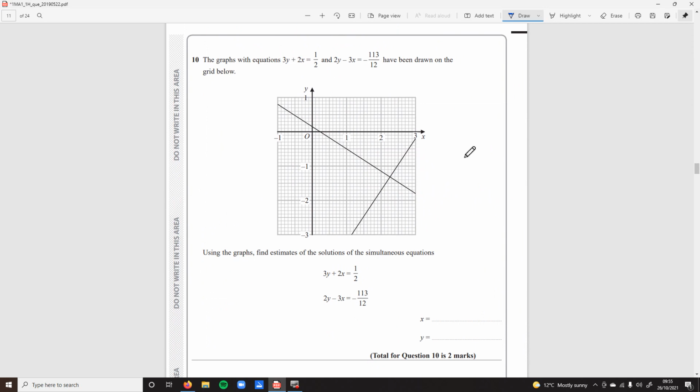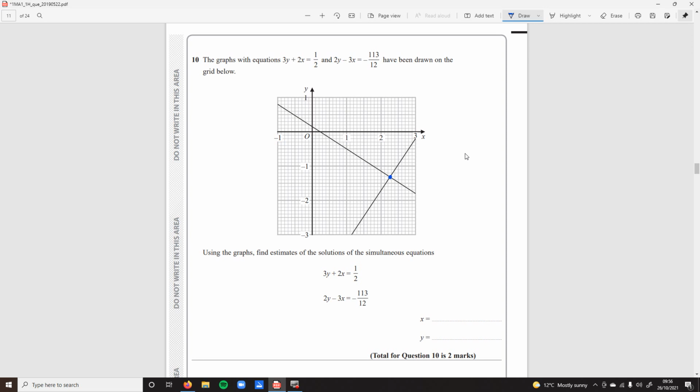The graphs with equations 3y plus 2x equals a half and 2y minus 3x equals minus 113 over 12 have been drawn on the grid below. Using the graphs, find the estimates of the solutions of the simultaneous equations. Oh, right. So just where they cross.